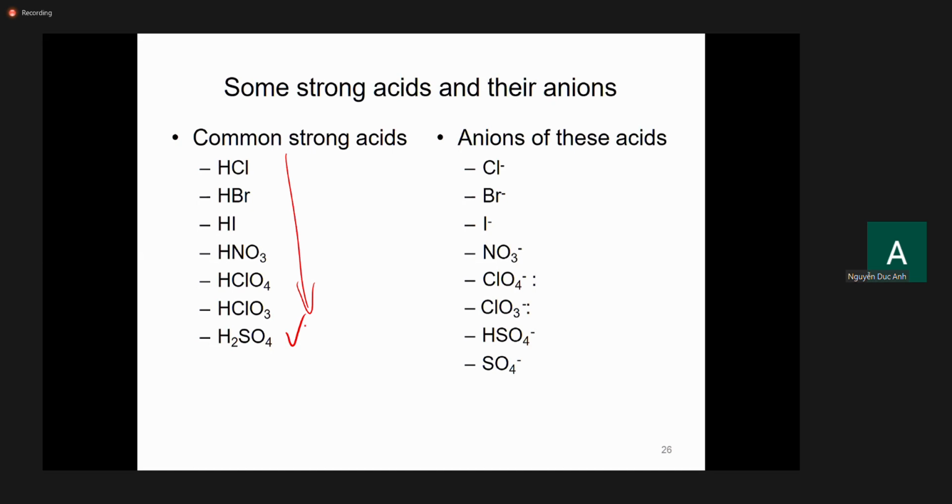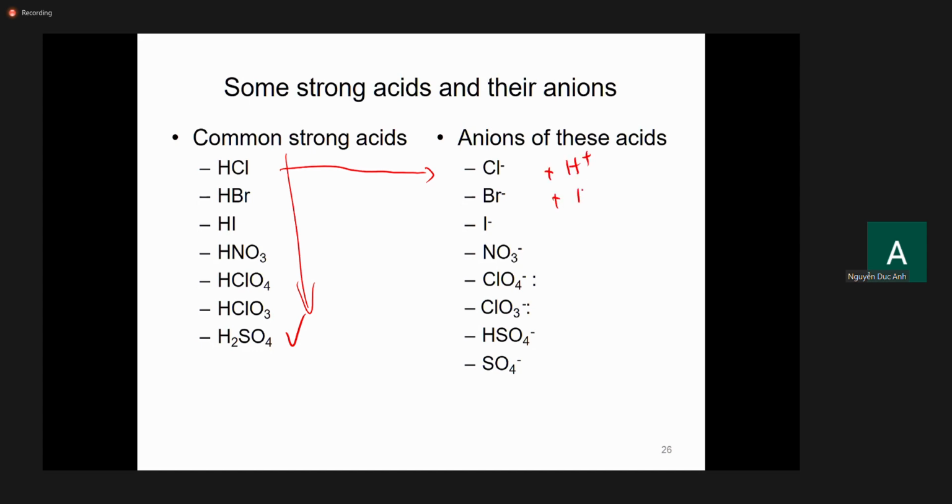So when this one can be considered a strong acid, it also means this guy is a strong electrolyte and it dissolves in water to form 100% ions. When you dissolve them into the water, for example hydrochloric acid, we form chloride minus and protons.